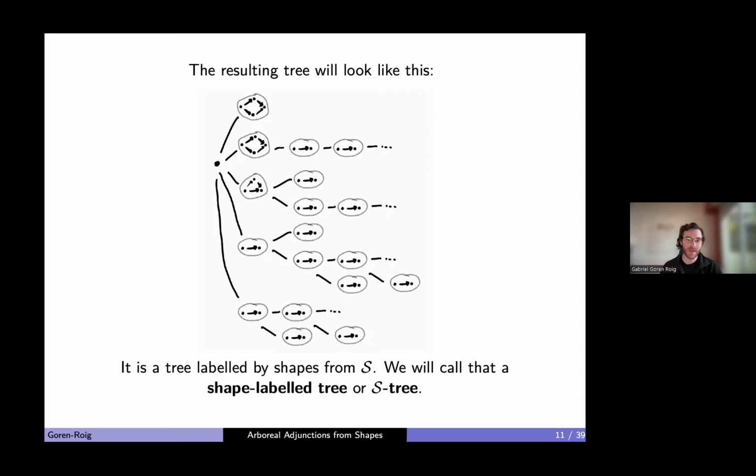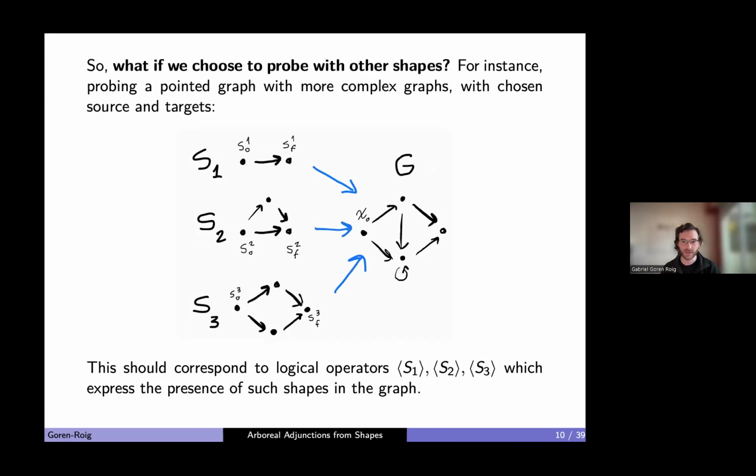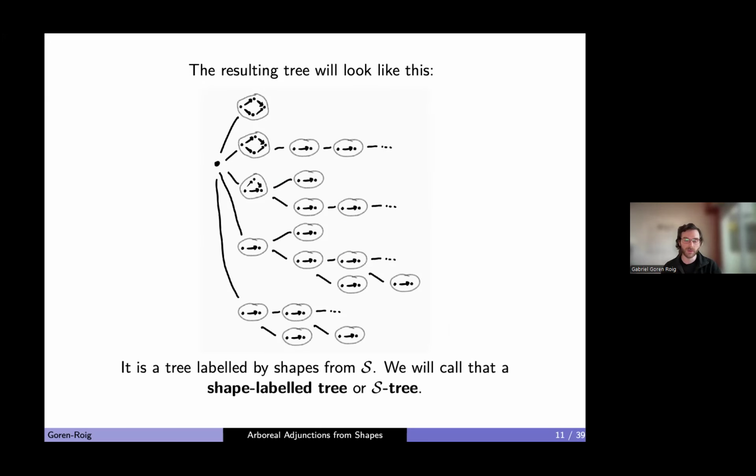So what you end up having is this thing, which is a tree, where every node, except for the root node, is labeled by these shapes. And that is what we will call a shape-labeled tree or an S tree. Okay, so of course, in this case, you start mapping in different ways, and in what ways you can keep on mapping from the endpoint of the last map and so on. You get an infinite tree, but that's not a problem.